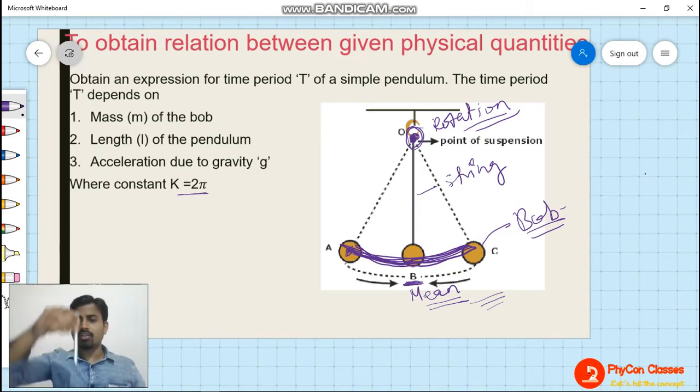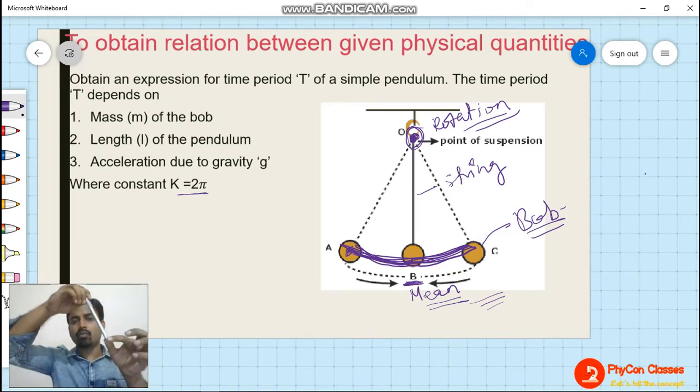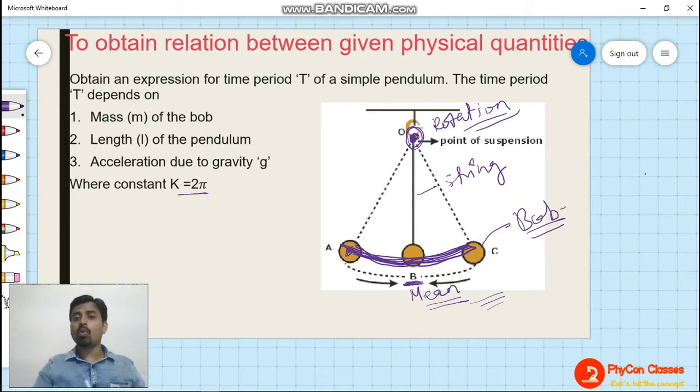For now, just remember that during the swinging motion of the pendulum, the time period required for one complete oscillation, that means starting from A, then B, C, then back to B and back to A, this one complete oscillation, the time required is called the time period of the oscillation. Clear? So here T denotes the time period of oscillation, that means for one complete oscillation.